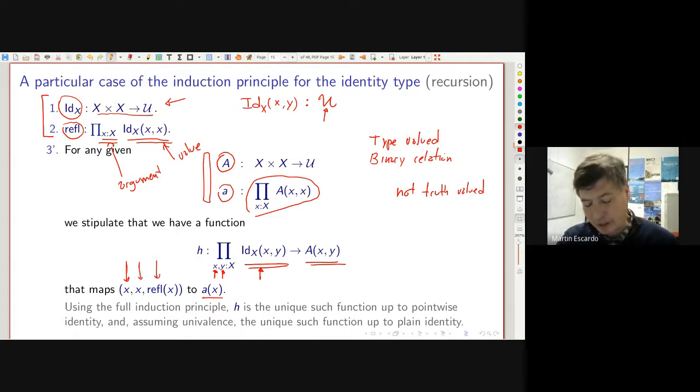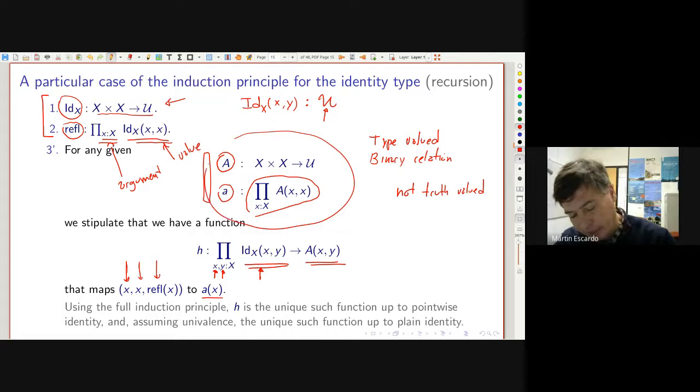Notice we're using a function here, and this is related to the fact that I said intuitively the identity type is the least reflexive relation. So given any other reflexive relation, it is smaller. But instead of saying smaller, we say that there is a function that maps the given data to the new data.